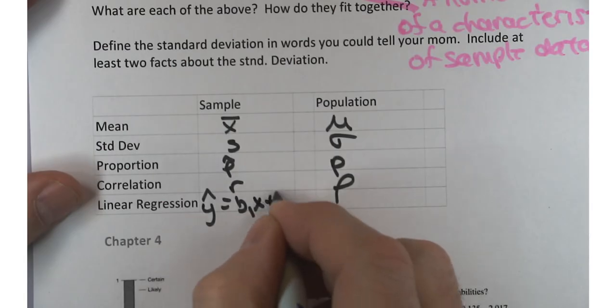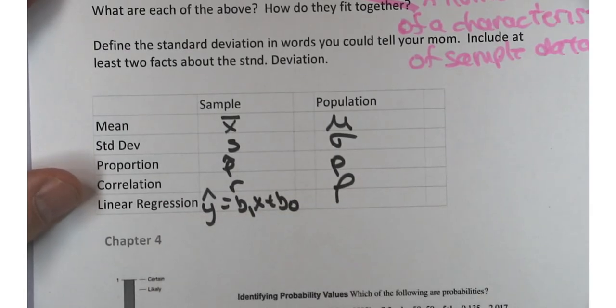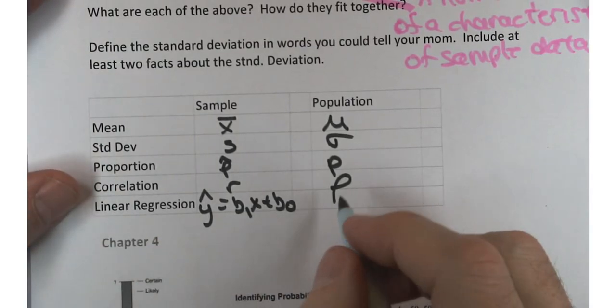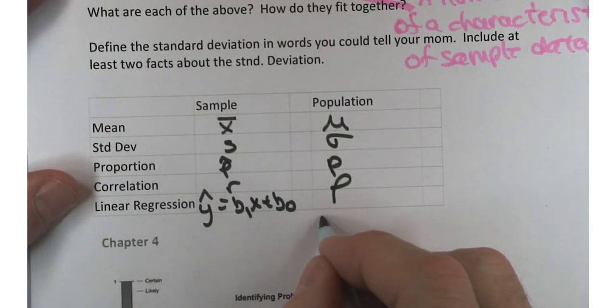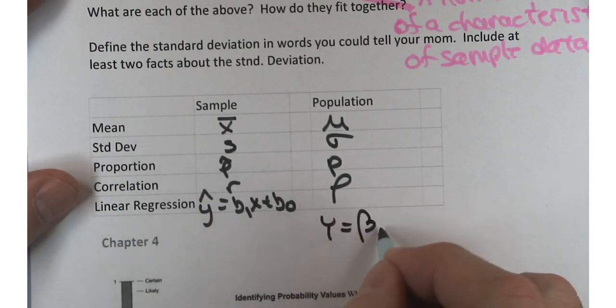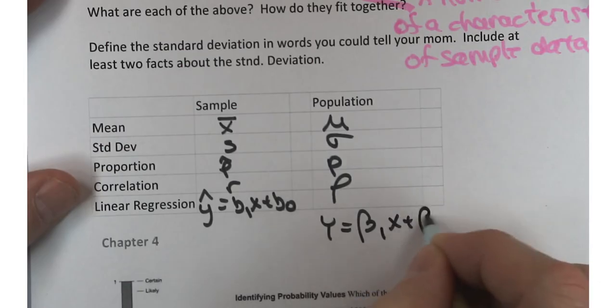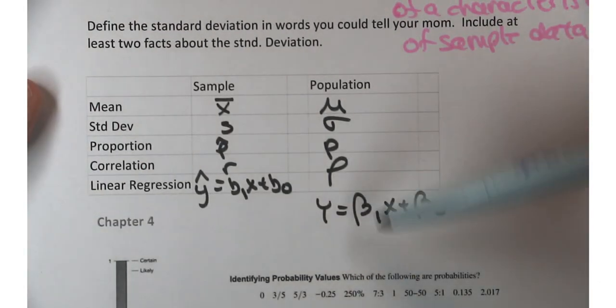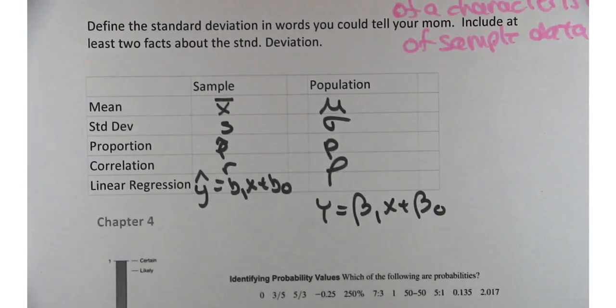B1x plus B sub 0. Yeah, there you go. And for your linear regression in terms of the population, I'm just going to scoot it down a little bit. Y equals beta 1x plus beta 0. Yeah, well done. So a nice dose of your Greek letters here, except for your population proportion.